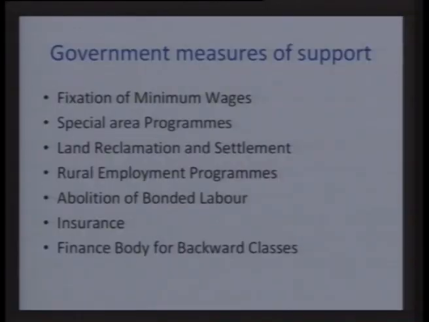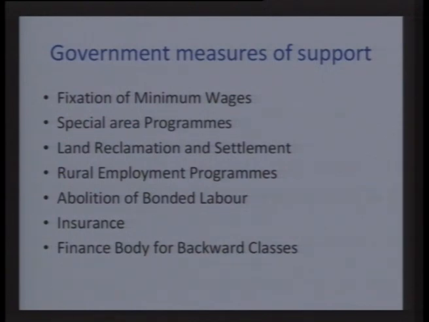There are a number of measures which are being taken up by the government to support the laborers. The first one is the fixation of minimum wages. Then special area programs are being taken up by the government. Then land reclamation and settlement. Then rural employment programs are being launched.